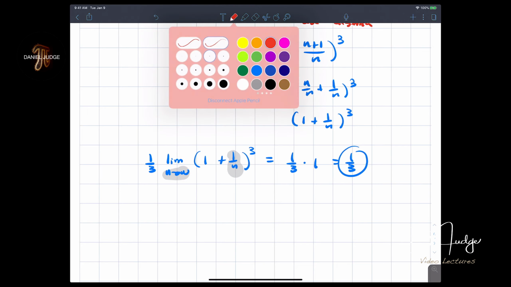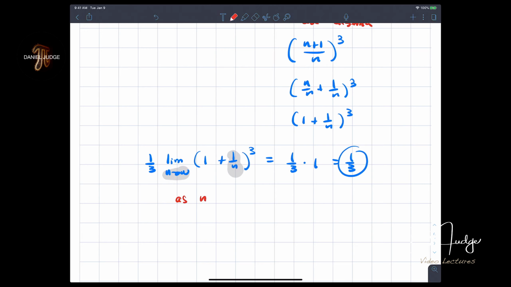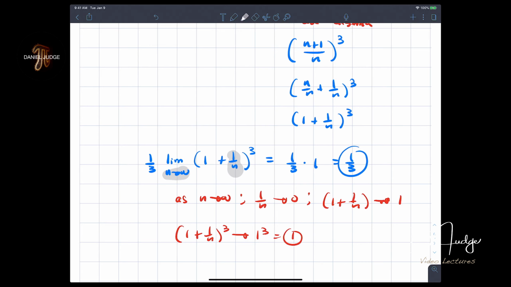So you can write down the logic: as n gets big, 1 over n goes to 0, which means 1 plus 1 over n goes to 1, which really means 1 plus 1 over n to the third power goes to 1 to the third power, which is equal to 1. And that's how we got the value for 1 here. And 1/3 times 1 is 1/3. And ladies and gentlemen, that very much is smaller than 1.